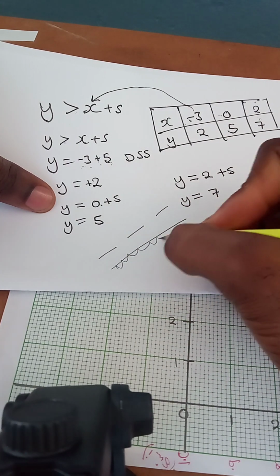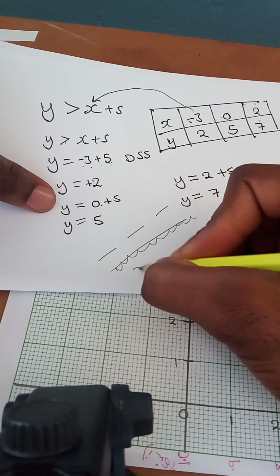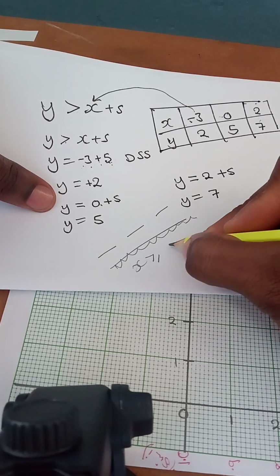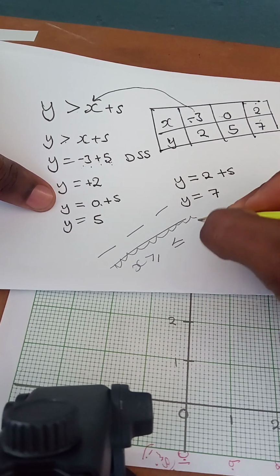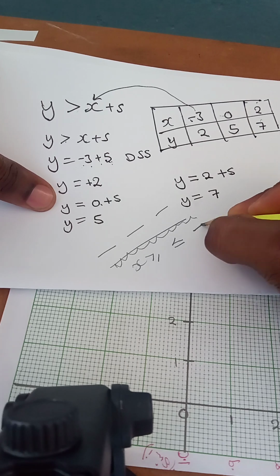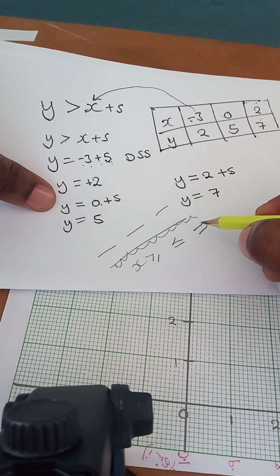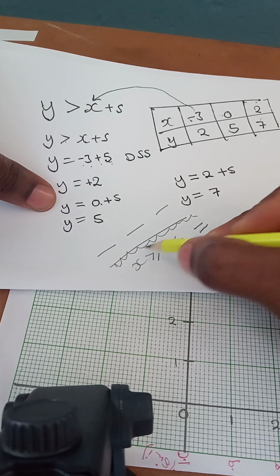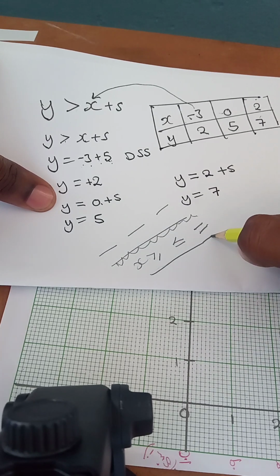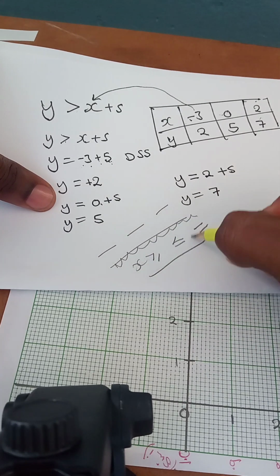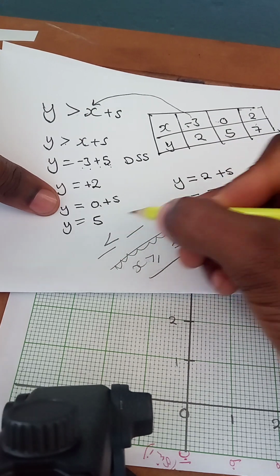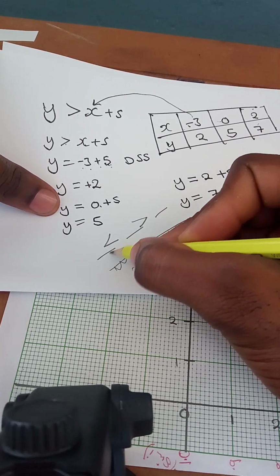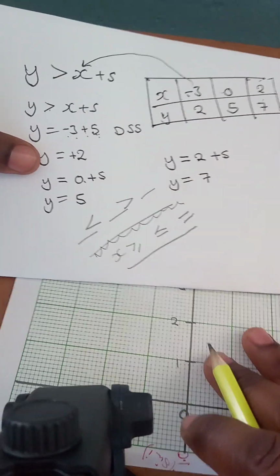You only have a solid line when you have greater than or equal to, or maybe less than or equal to, or the equal to sign. As long as there is an equal sign somewhere, your line will always be solid. And as long as there is no equal sign, like in the case of less than or greater than, your line will always be a broken line.